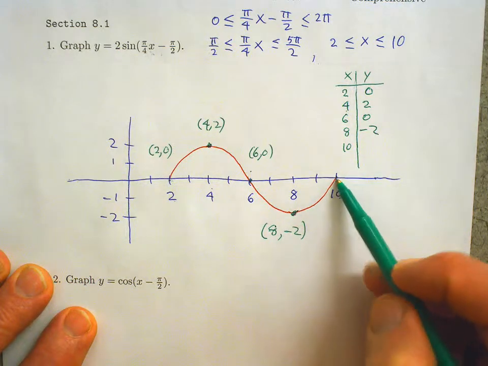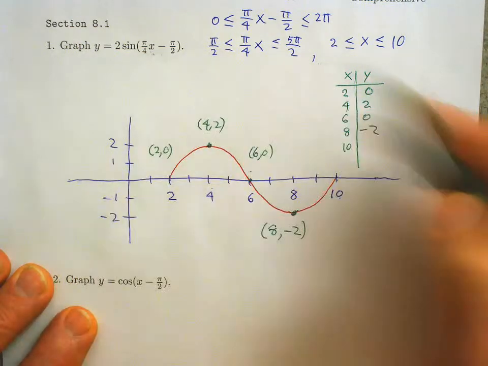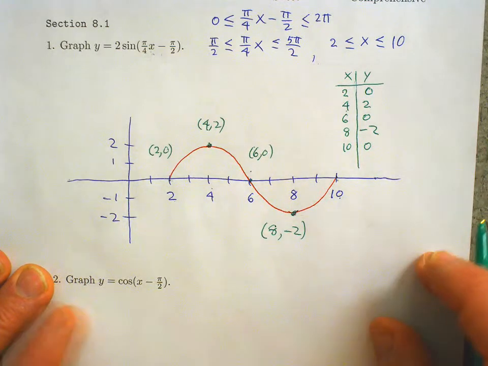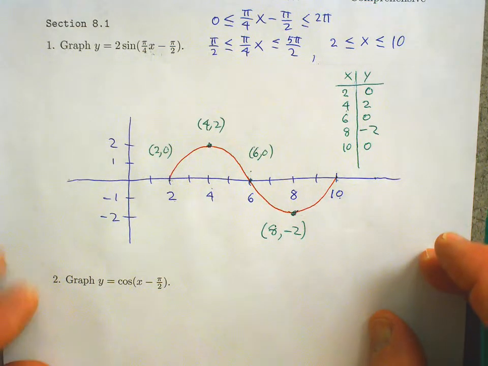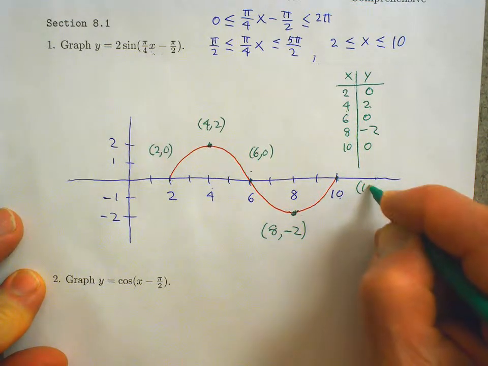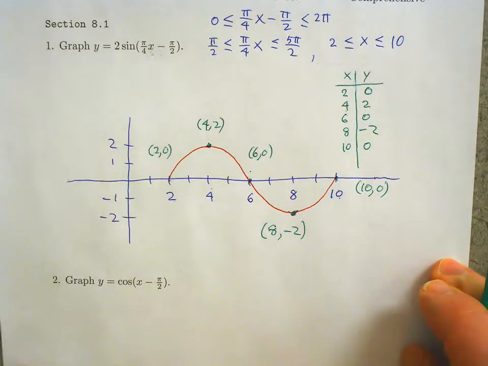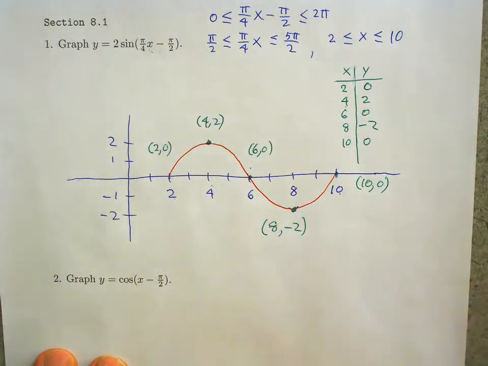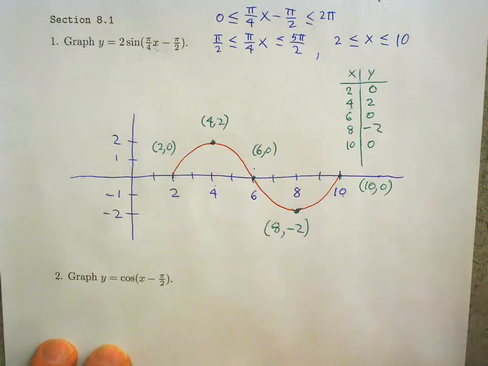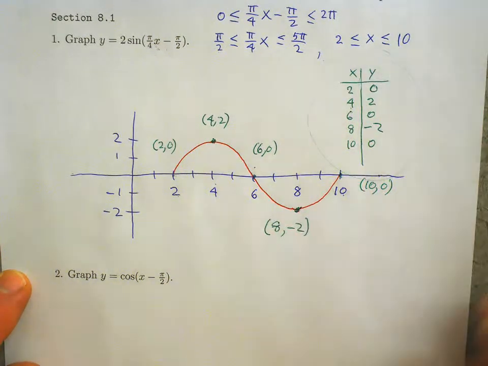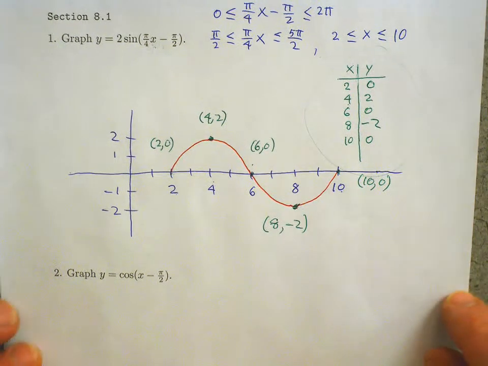And then lastly, when x is 10, we're going to get a sine value that's 0. So we can label this point 10, 0. Okay, if you have a problem like this on the final, then this is all you would have to do. Just verify that things work out.